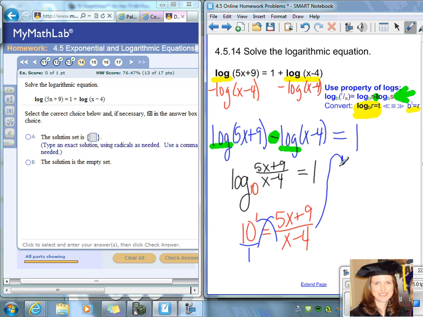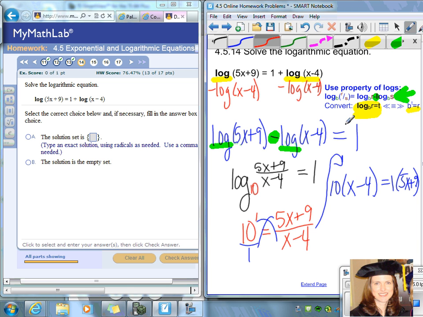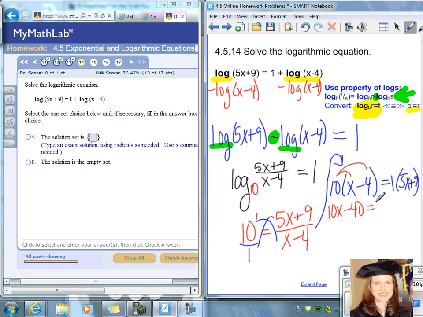Let's do that over here so we have some room. Let's distribute the 10, and we get 10x minus 40 equals 5x plus 9. Now we have an equation that can be solved using algebra.